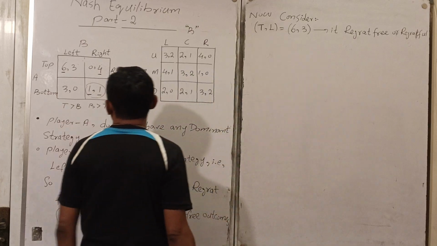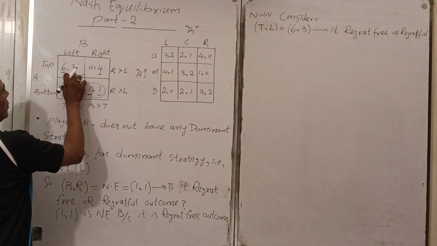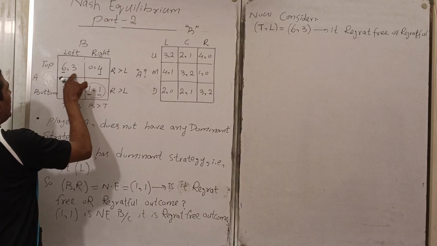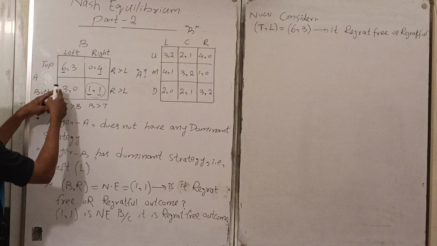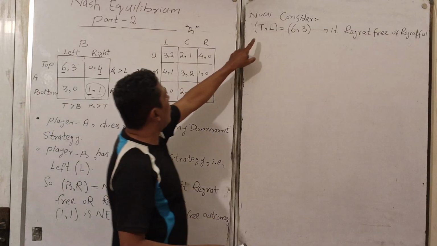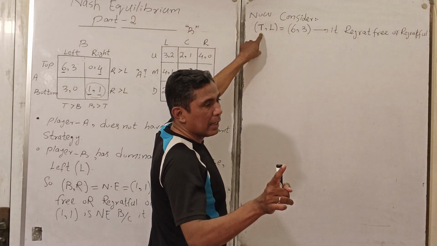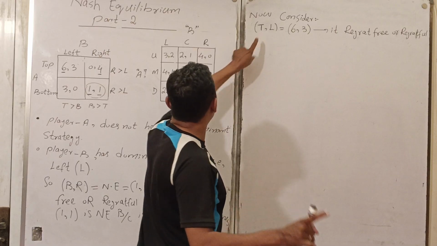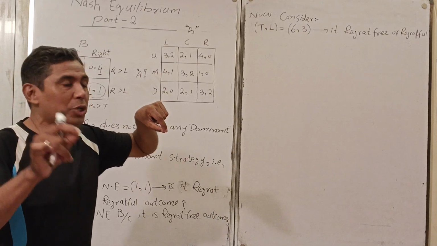But when we compare 3 with 4 for B, because these are the outcomes of B, 3 and 4, 6 and 3 means that it is not a regret free outcome for A. Okay, it is not a regret free outcome for A, but it is kind of the simultaneous move game I told you.